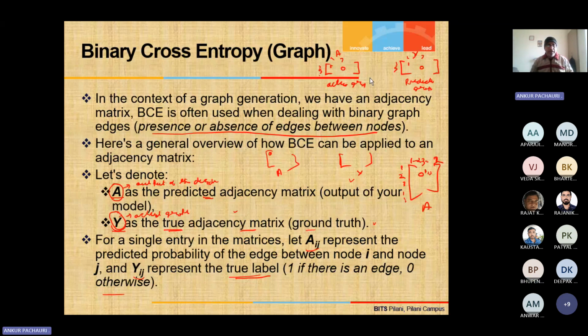Error will be when it should not have an edge for some different pair of nodes, but there is. Clear? The other scenario can be that there should be an edge in the actual graph, but in the predicted graph, the edge is missing.